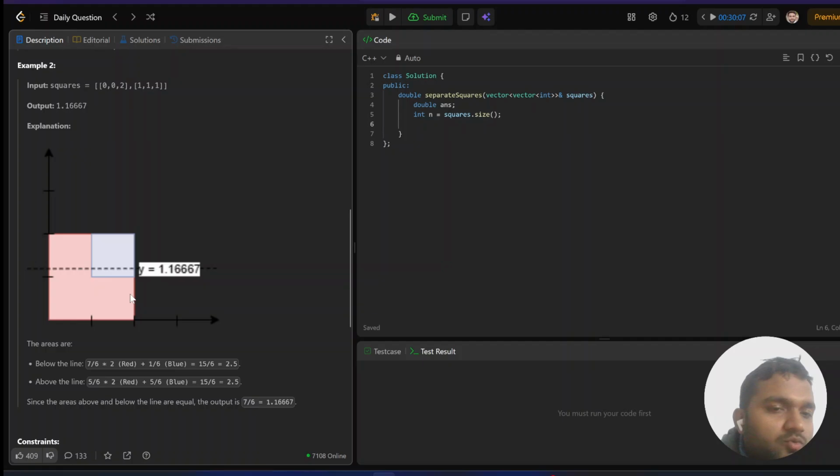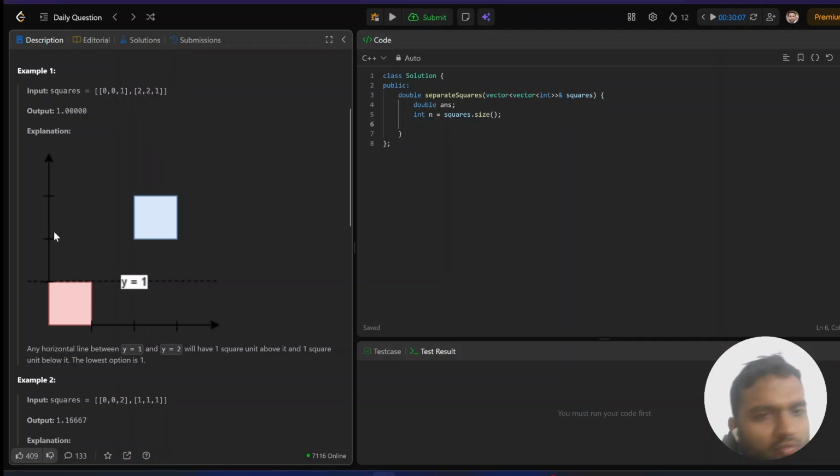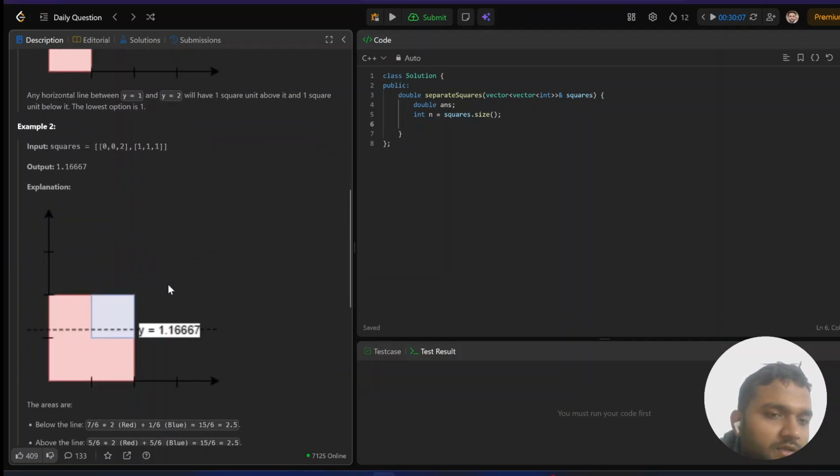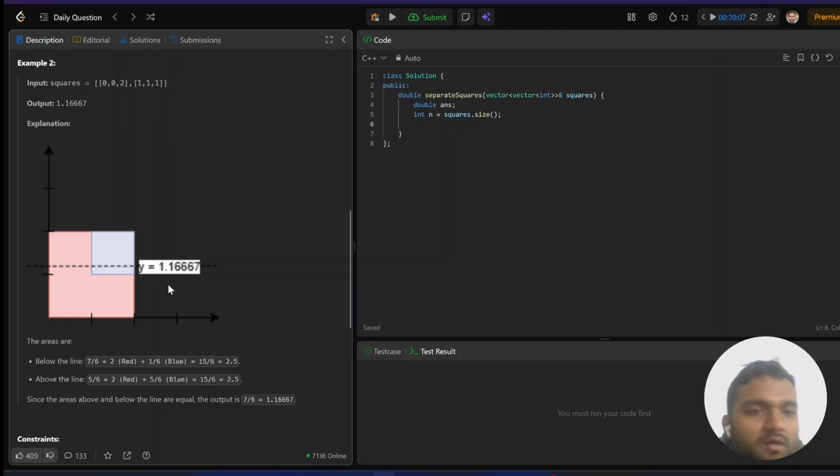How to approach? What can we do? We have these squares, and we have to find a y line that can separate them equally with respect to the squares.